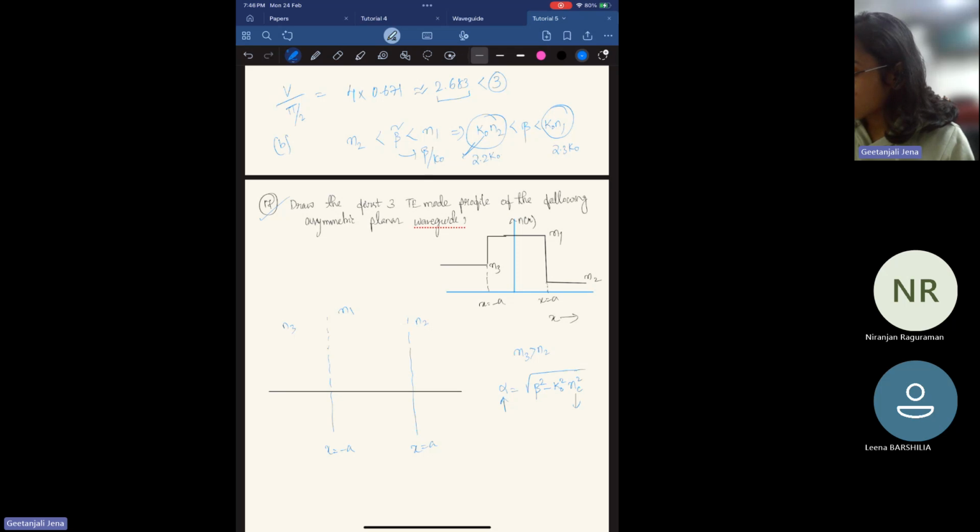Because N3 is greater than N2, the penetration into this cladding is lower than into the other. So we have more penetration in this region, this will be even, and less penetration in this area. This region is larger than this region.